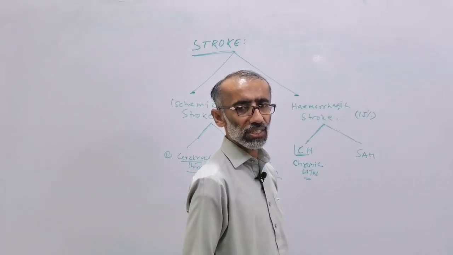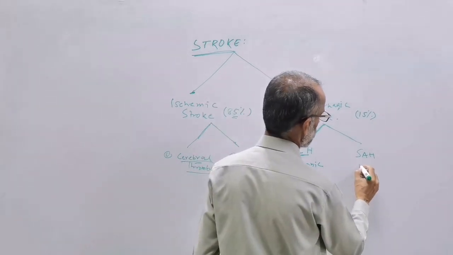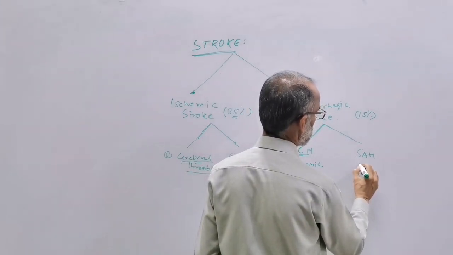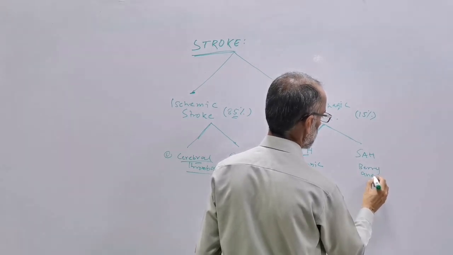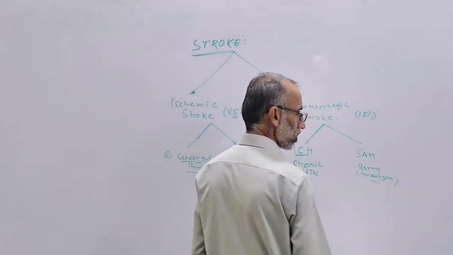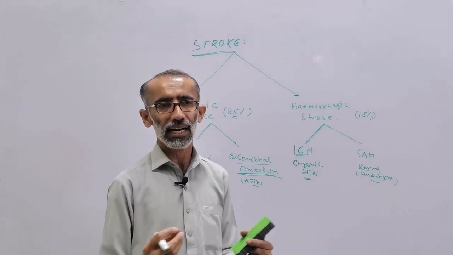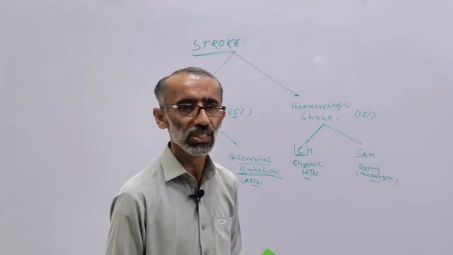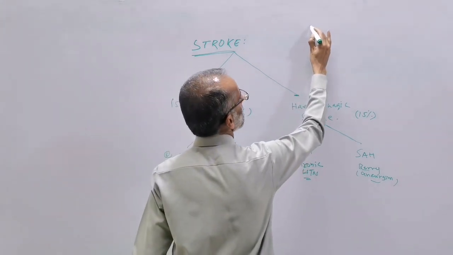Subarachnoid hemorrhage: the most common cause is an aneurysm, such as a berry aneurysm. An aneurysm is a blood-filled sac or blood-filled pouch that protrudes from the artery.